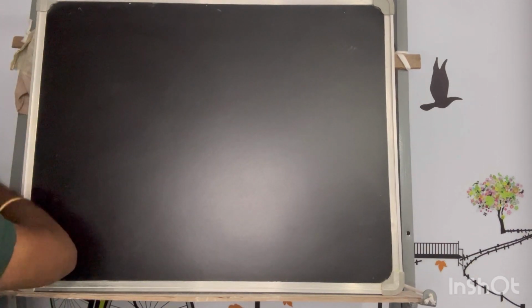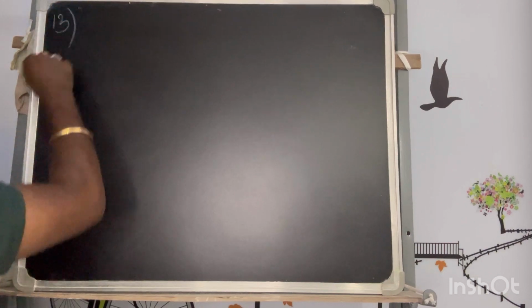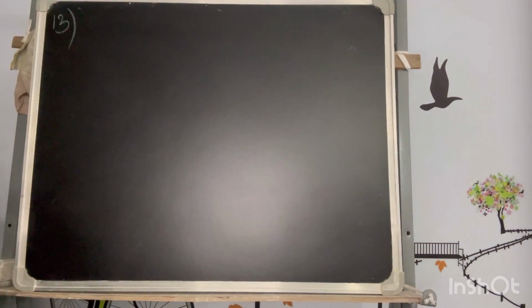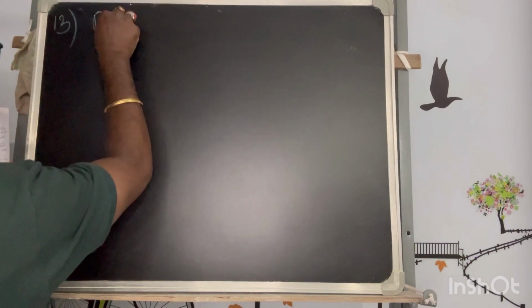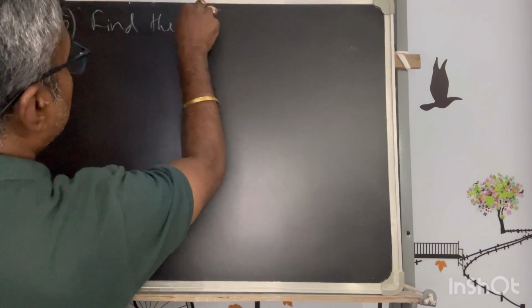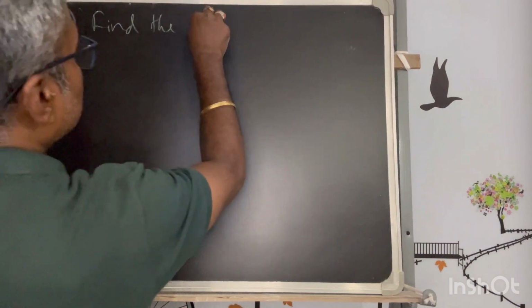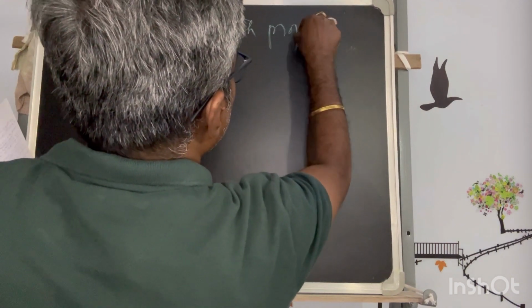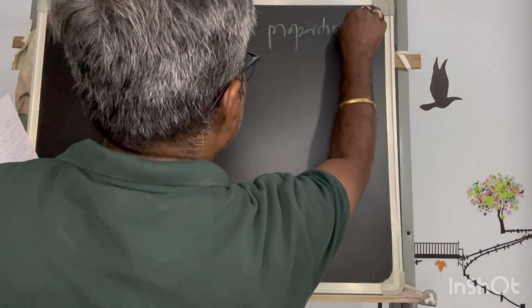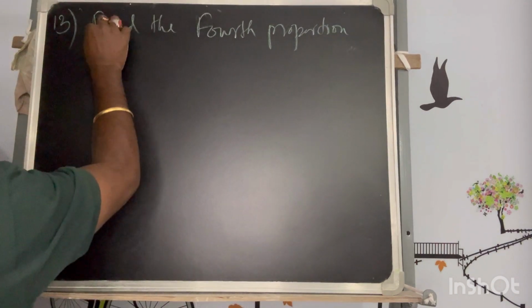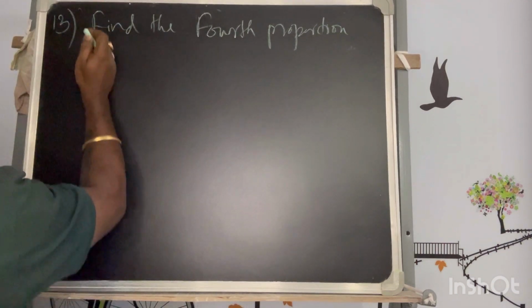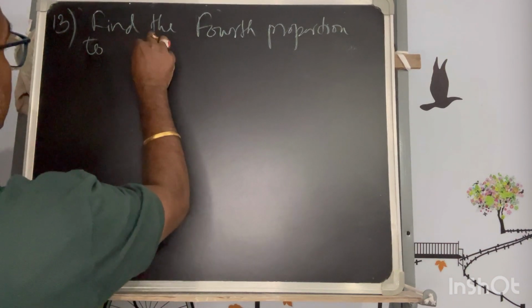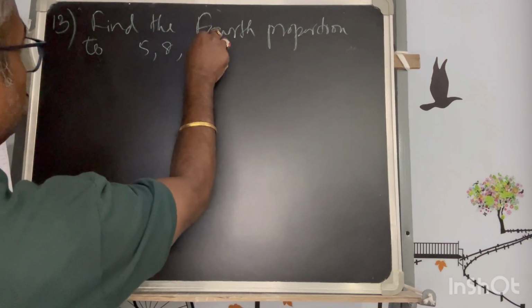So number 13. Find the fourth proportion of 2, 5, 8 and 15.